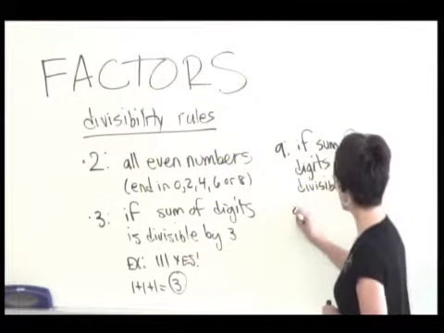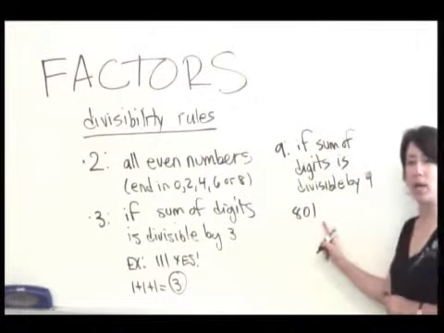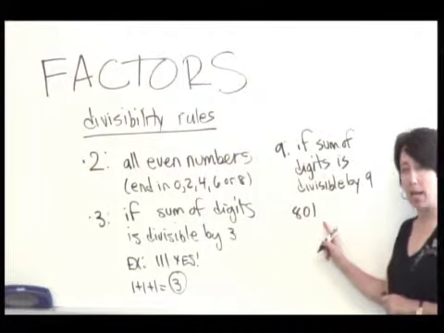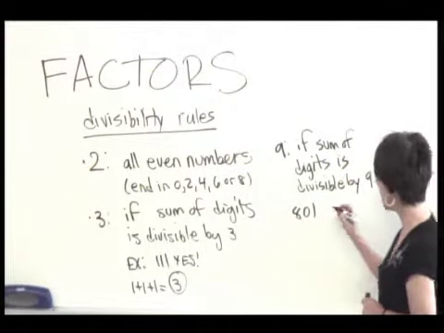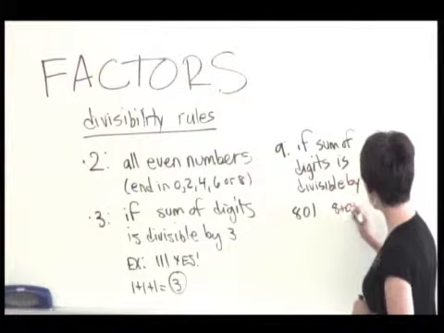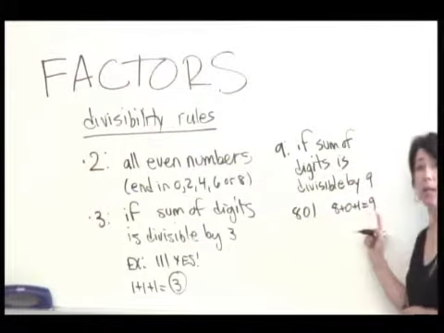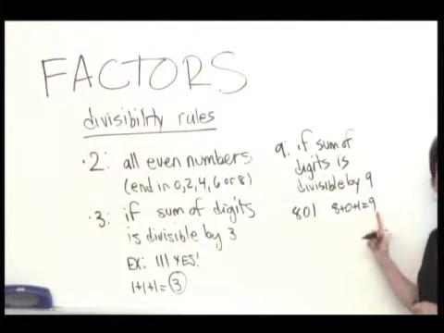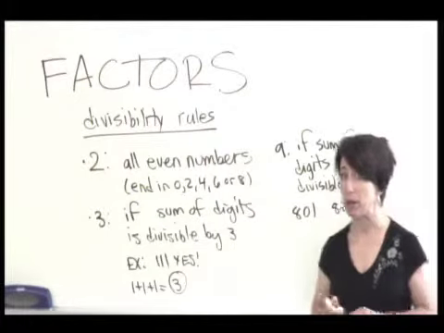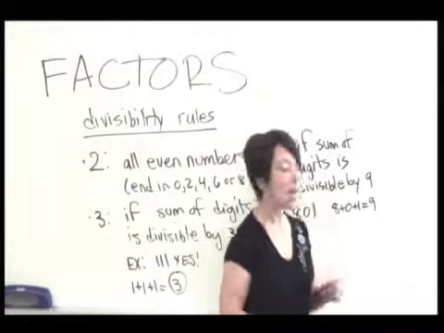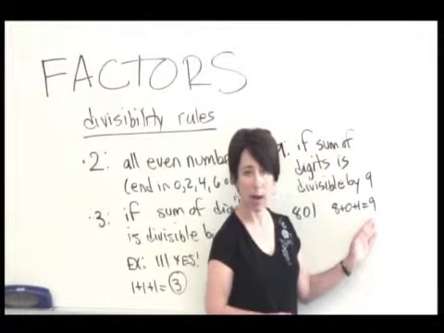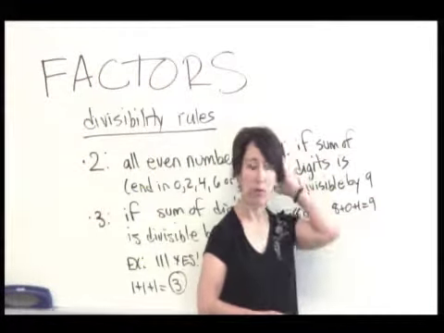Now, if we looked at this number, 801, it is divisible by 9 because 8 plus 0 plus 1 is 9, and 9 goes in evenly into 9. This number would also be divisible by 3, since 3 goes into 9. Any number that's divisible by 9 will also be divisible by 3.